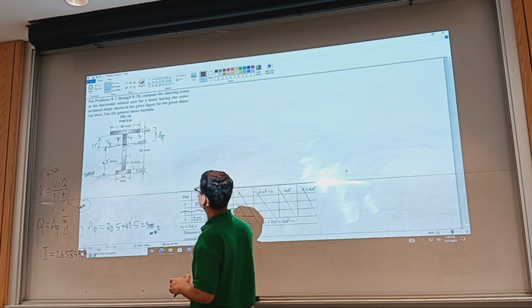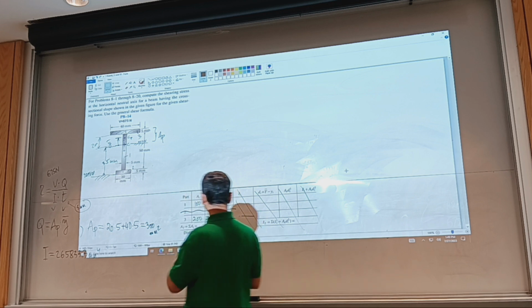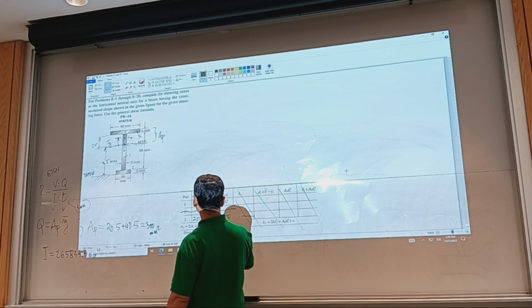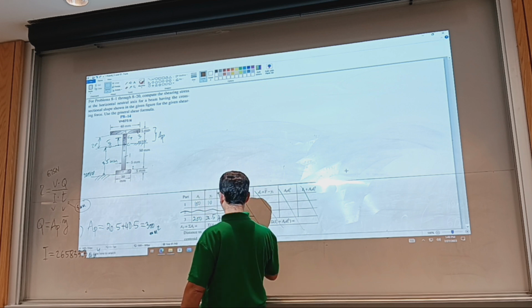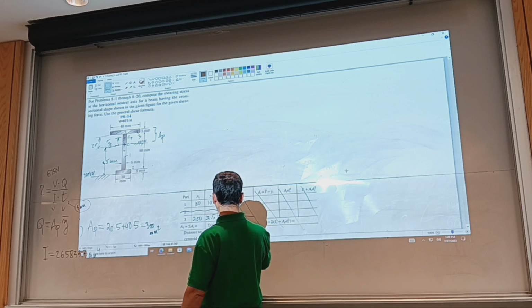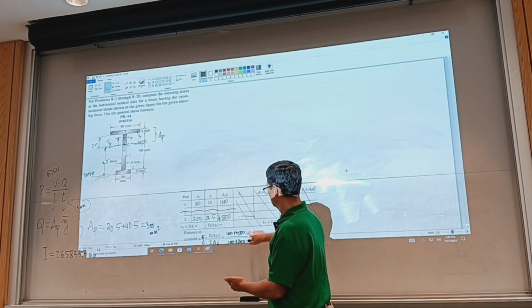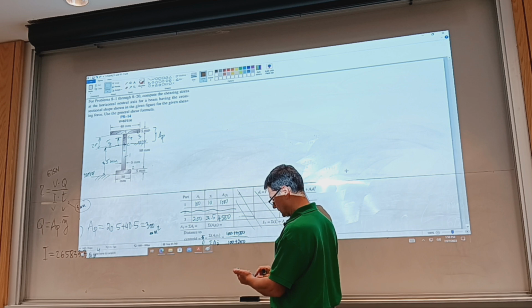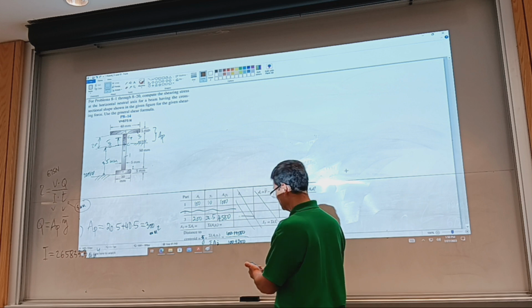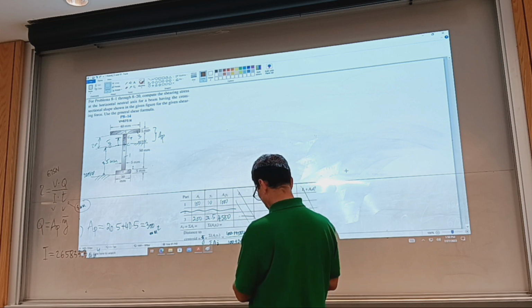Okay, and now we're good to find the centroid, our y, lowercase y overscore. So it will be the sum of A times y. I have 1,000 plus 4,500, and below I have 100 plus 200.